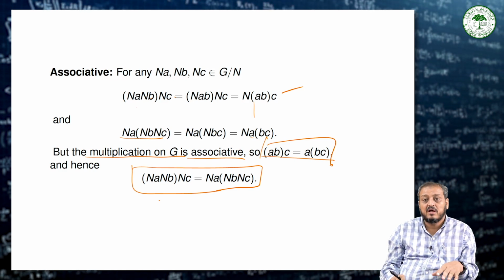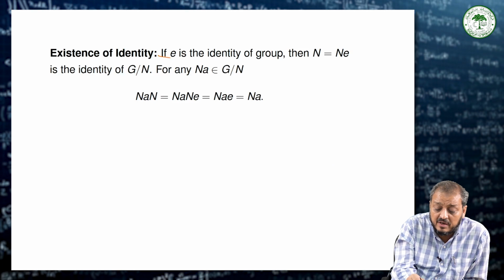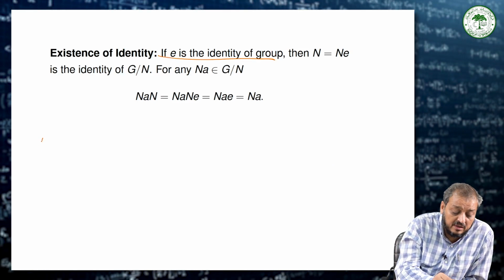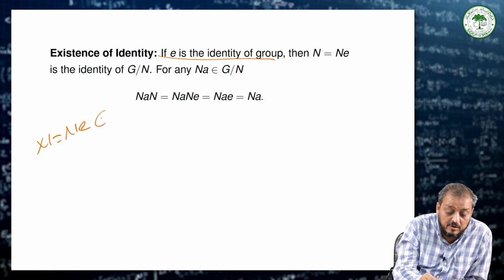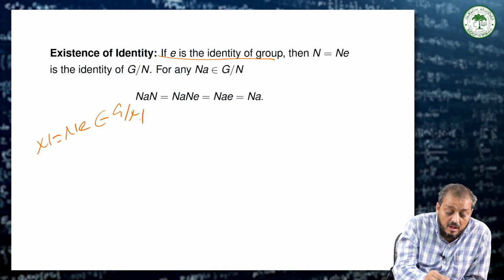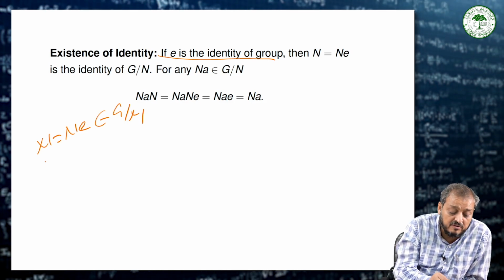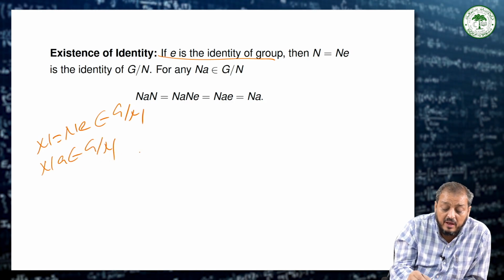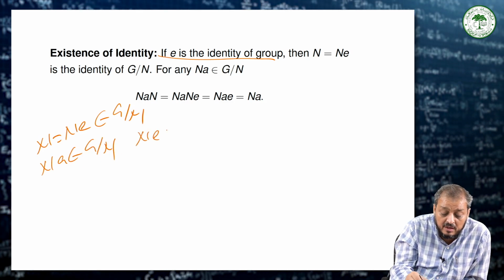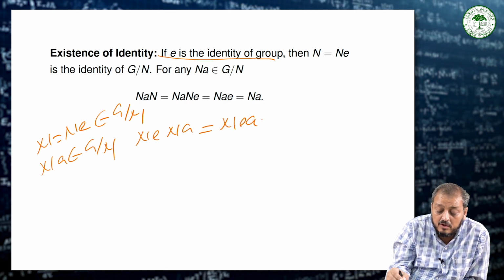Now we have to check the existence of an identity, because e is the identity element of a group. So this N can be written as Ne, and this is an element of G by N. Now Ne is an element of this, and we take Na as an element of G by N. Then we take Na Ne equal to N(ea).